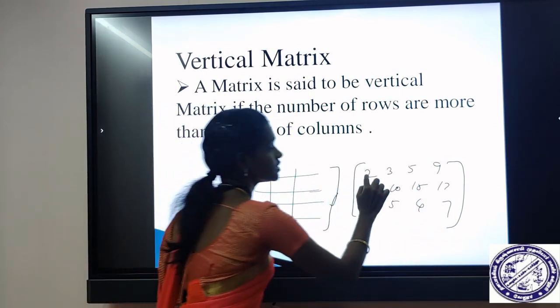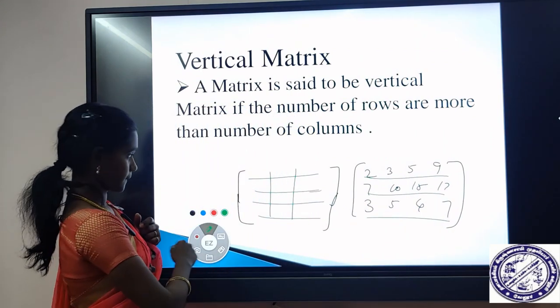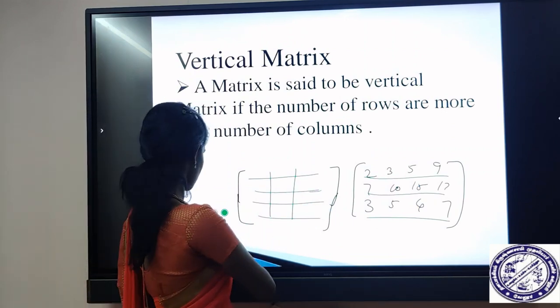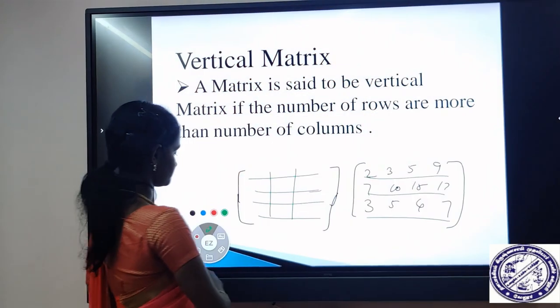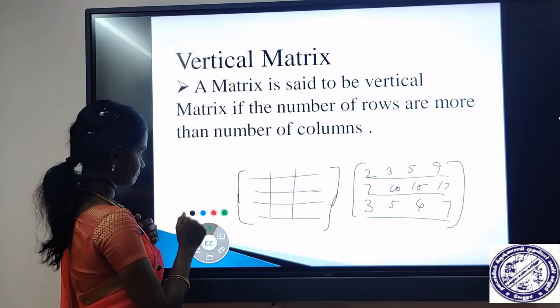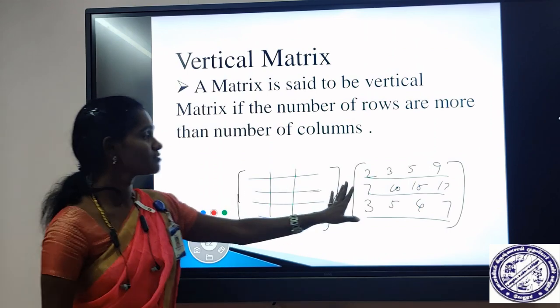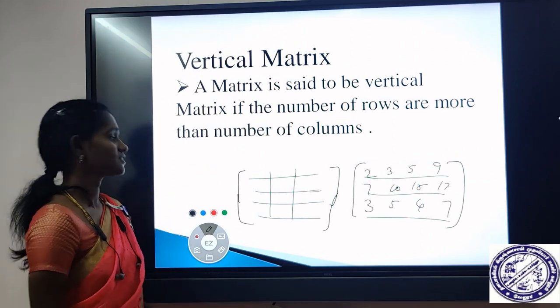Here we have 3 rows and 4 columns. This is the example for the vertical matrix.